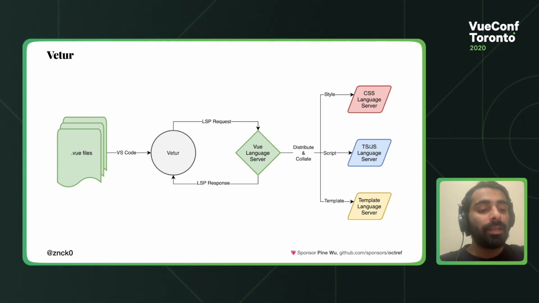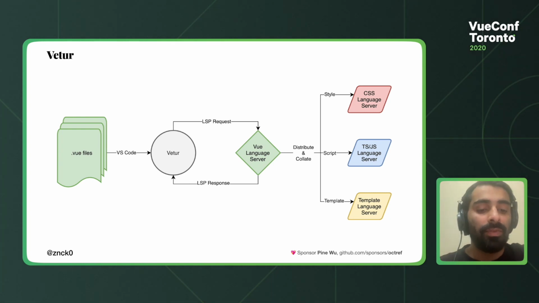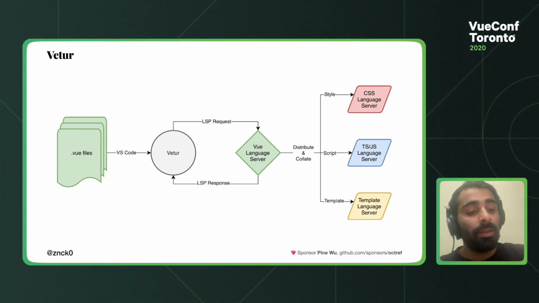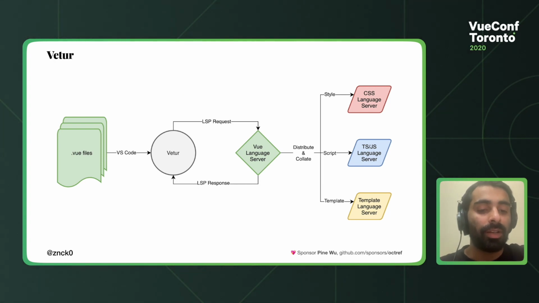And then it shares corresponding code from the Vue file to these language servers and collects all the information from them, collates it, and sends back to Vetur. But if we look closer, Vue language server starts a CSS language server, and the CSS extension built in VS Code already starts the CSS language server. So there are two instances of CSS language server running when we are using Vetur.